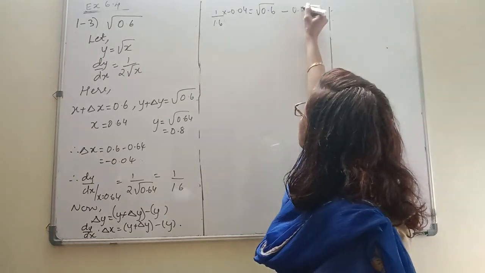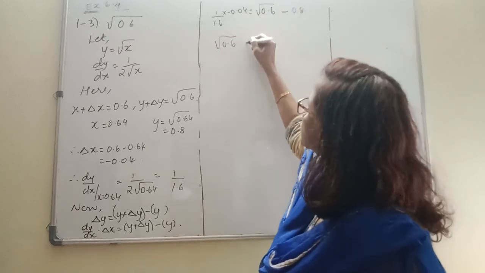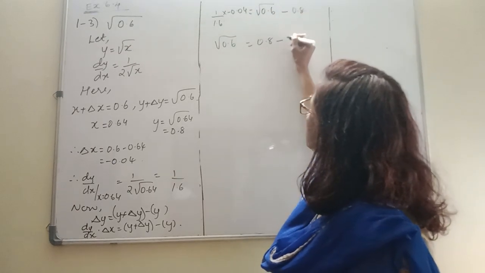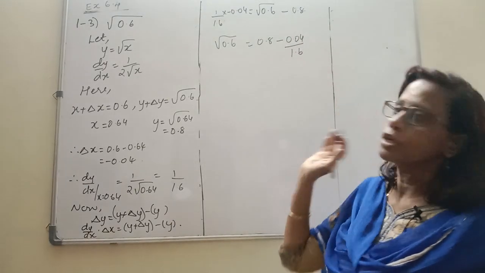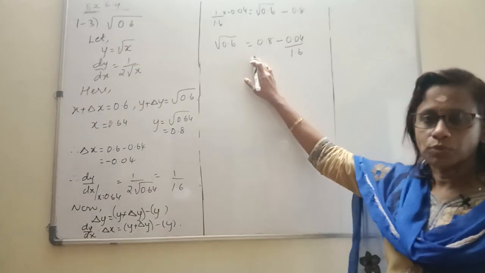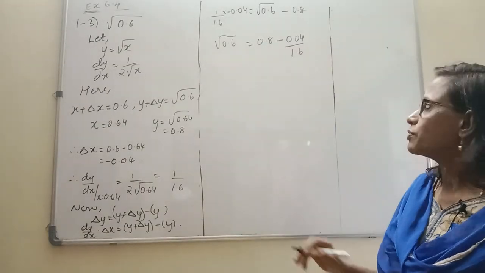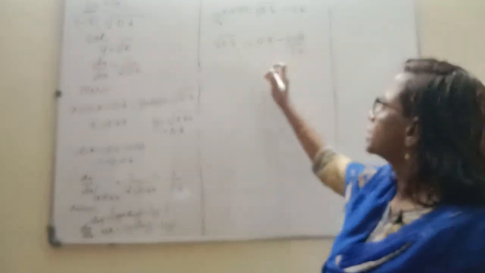That's it. So in order to get root of 0.6, let's take this on the other side. 0.8 minus 0.04 by 1.6. Now it's your own way of solving it. Either you get the fractional value over here subtracted from 0.8, or whatever is your way of solving. Let's start this part by removing the decimal. Now here there are two decimal places, one decimal place.